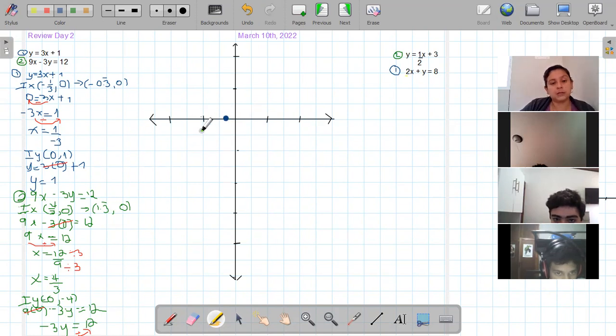If this is negative 1, this is negative half. So this is negative 0.3. You see it's not exactly in the place, but it is an accurate guess. And this is 0.1. I connect those with a straight line passing through the center of both circles. A blue line.